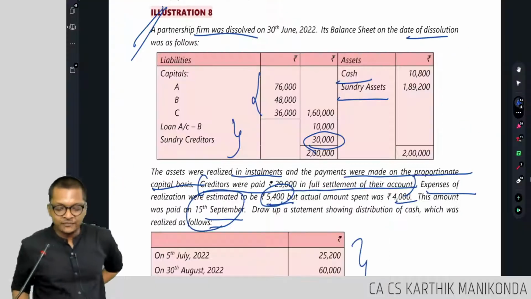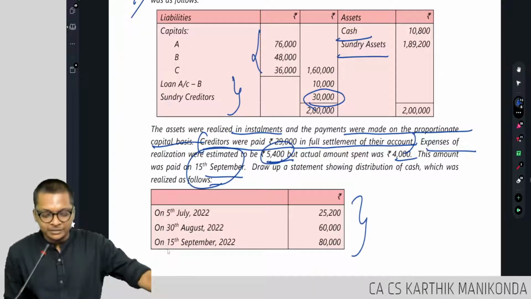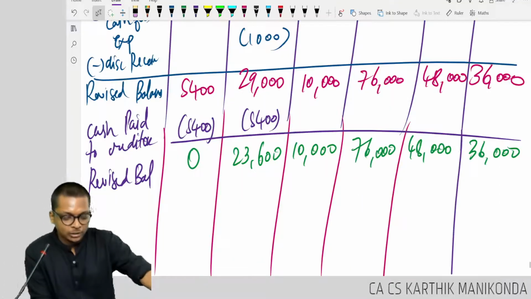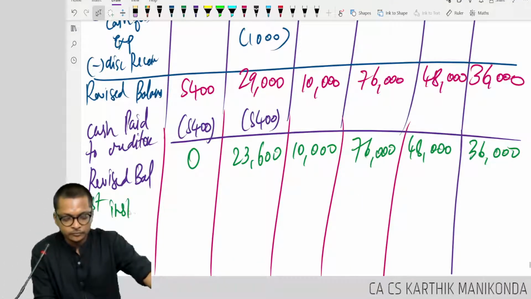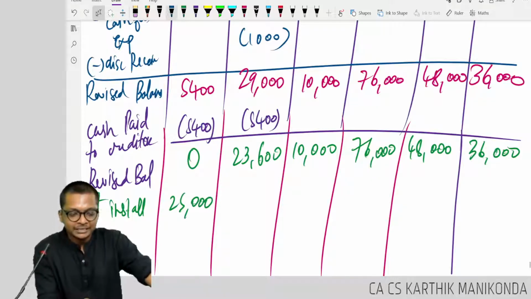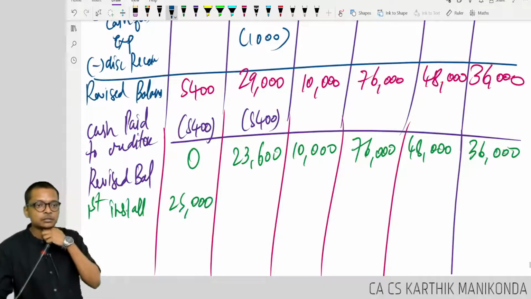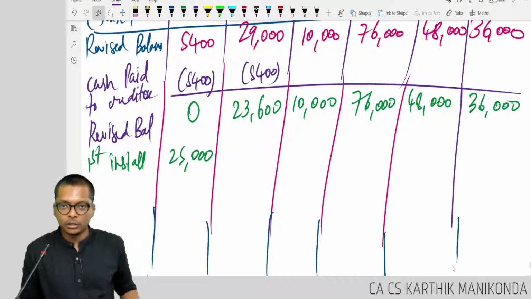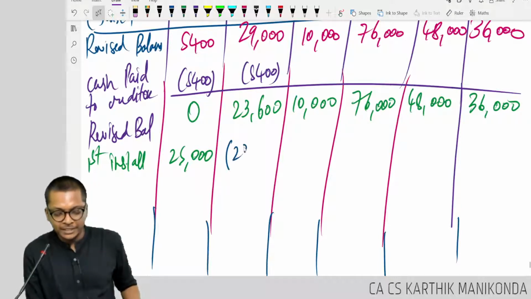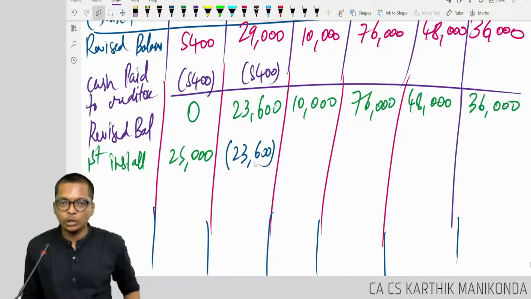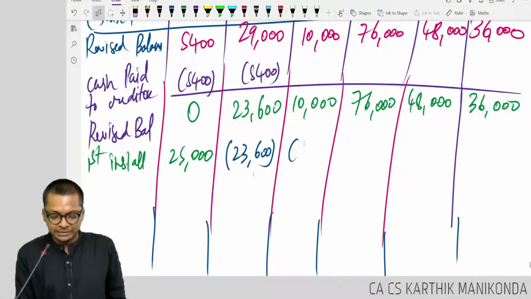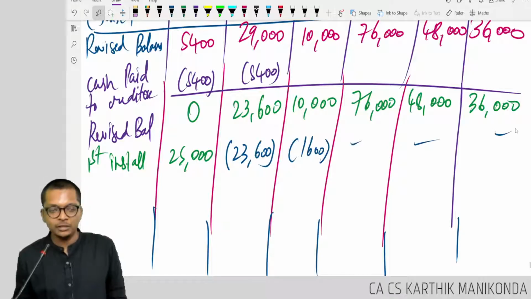After this only you are getting the first installment. First installment is how much? 25,200. So I will write first installment 25,200. This 25,200, who will take? Creditors and loan. So I will reduce creditors up to 23,600. Loan, how much will I reduce? 1,600. Correct? Nothing for capital.